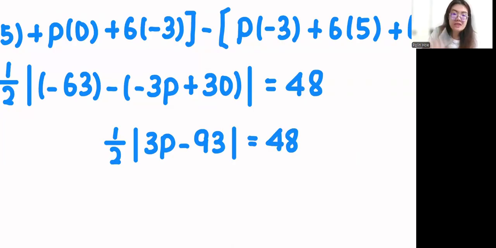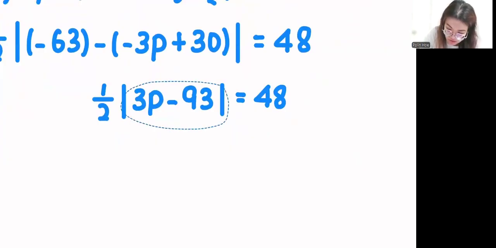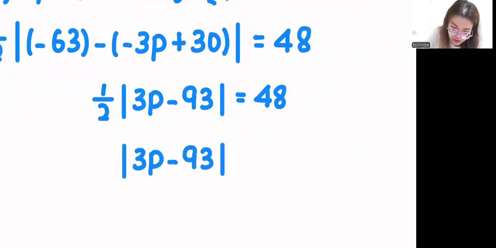At this moment, you can move my 1 over 2 to the other side. I get 48 multiplied by 2 is 96.